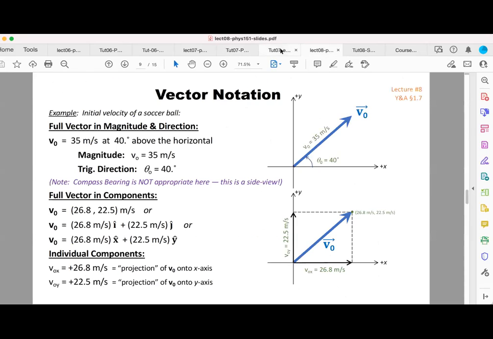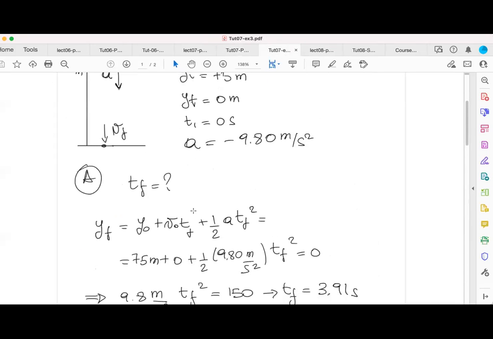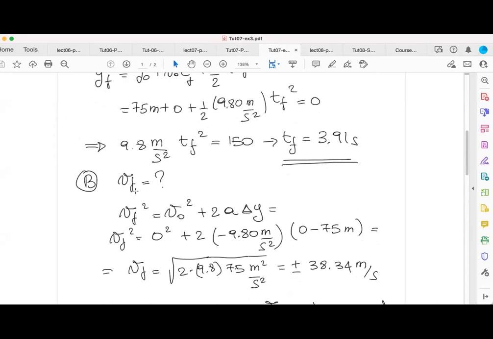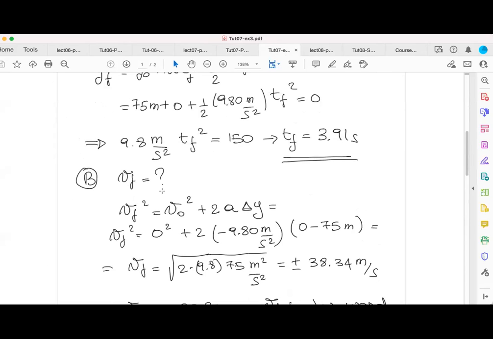The speed at landing. If we go here, the velocity at landing means the final velocity. The final velocity squared is equal to the initial velocity squared plus 2 times acceleration times delta y.